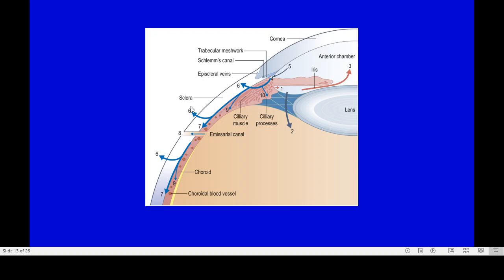You can see over here it goes through the sclera, and some of it goes through the emissarial canals, which are very fine vessels, emissarial vessels, which go through the sclera, and the aqueous passes through them. So these two are the important aqueous outflow routes.